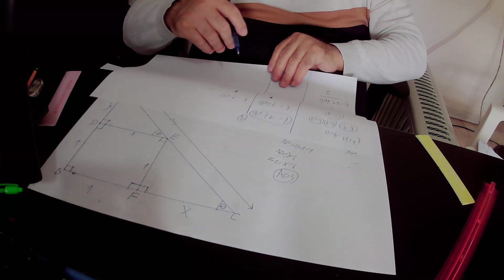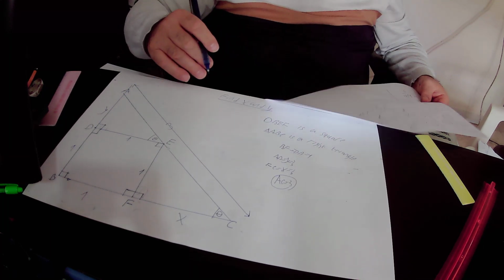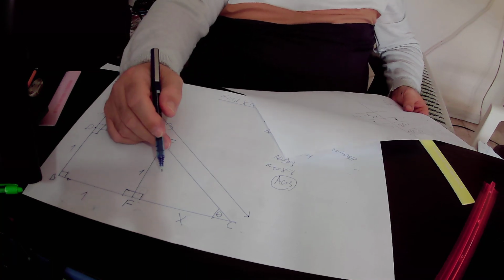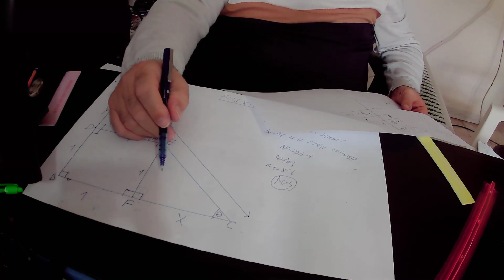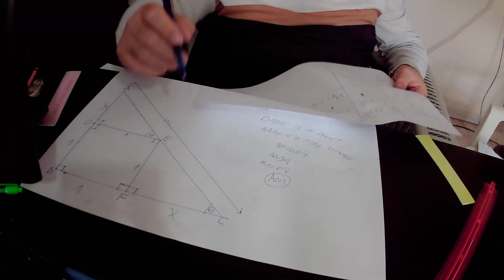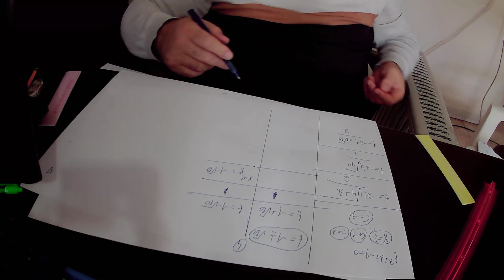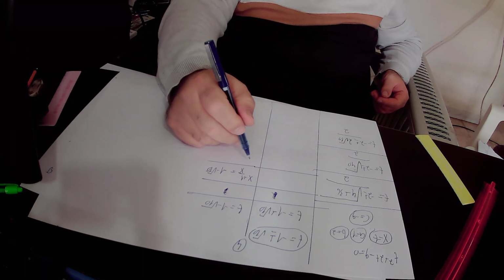And x is the length of one side of a right triangle, therefore x as a length is a positive number, therefore x plus 1 over x is also a positive number.